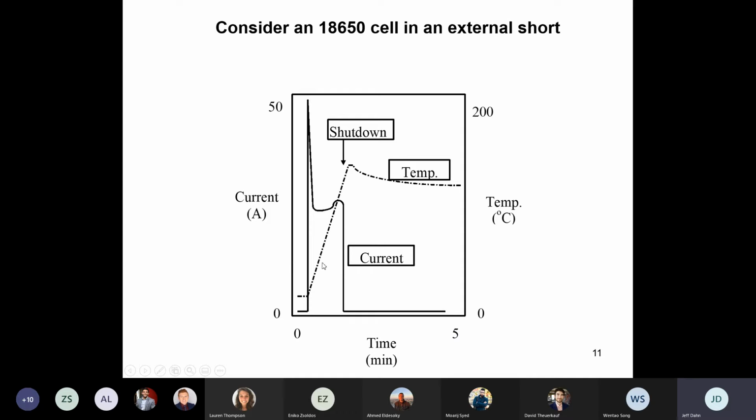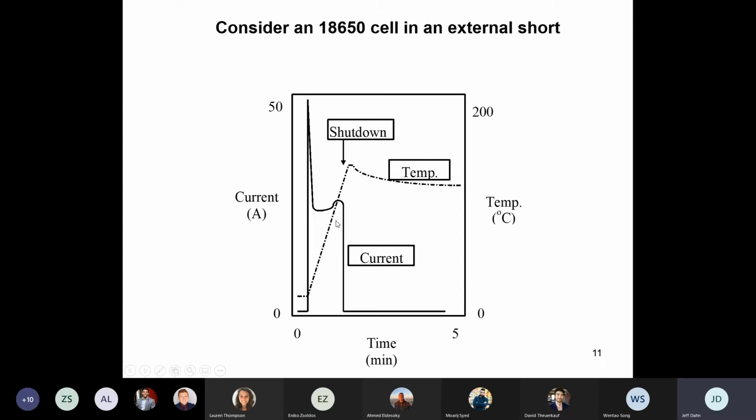The temperature of the cell will start to rise. The current will drop, but it'll plateau around 25 amps. And then it'll go along and it'll go along. The temperature will go up and up and up, and then all of a sudden the current will stop. So the first time I saw this at Mali Energy, I thought to myself, oh, well, I guess the cell's completely discharged.